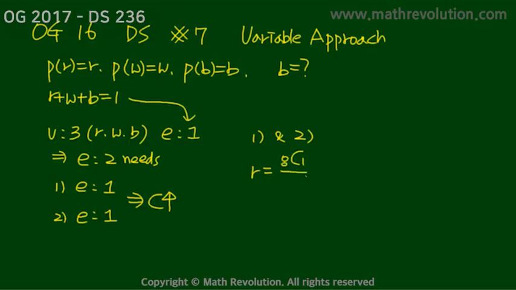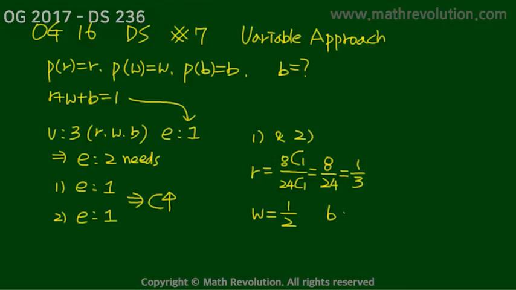8C1 over 24C1. So this becomes 8 over 24, which is 1 over 3. And condition 2 gives the probability of getting white, and it is 1 over 2.